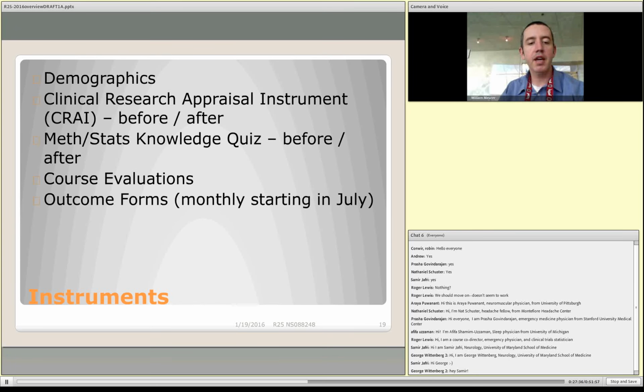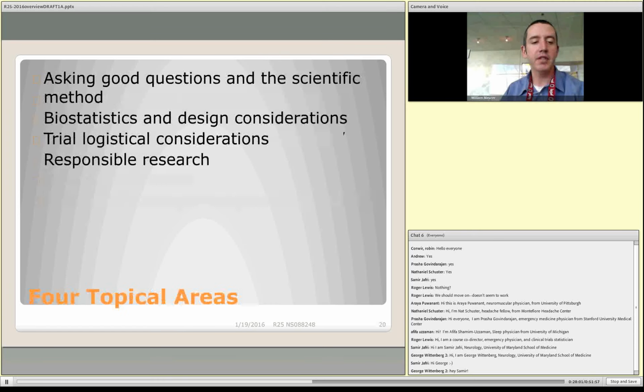A little bit like a time to event analysis, where we're looking to see, did you get IRB approval? Did you get your first patient in? Et cetera. Did you get it funded? Did you get FDA approval? So those forms start coming monthly, and we continue to remind you about those. You get personalized links to those. And again, that helps us determine whether our course is effective, because our goal is to elevate you and your science.